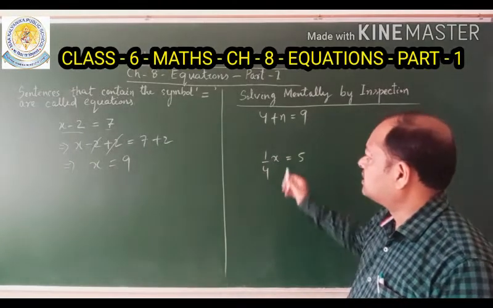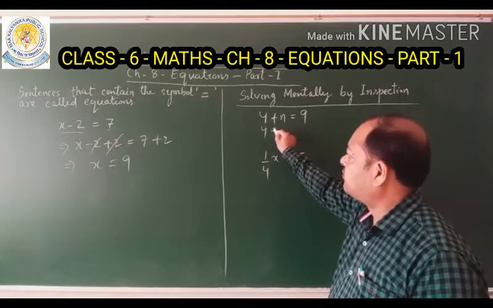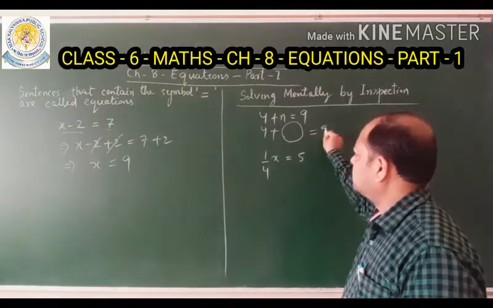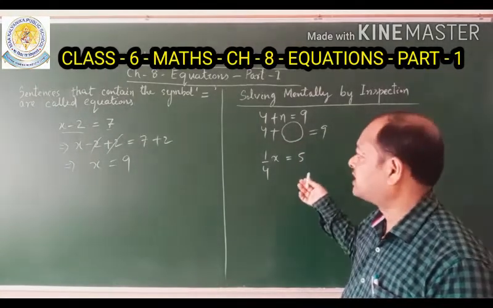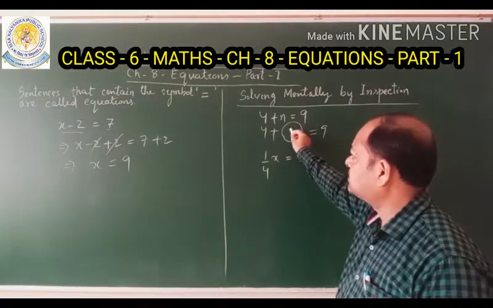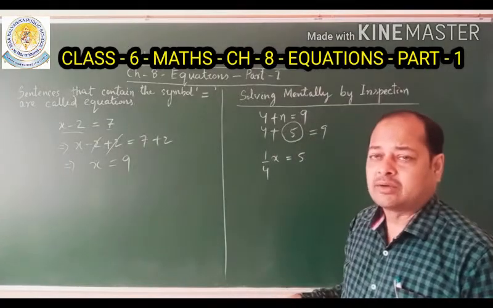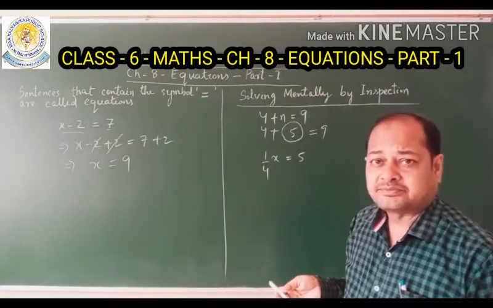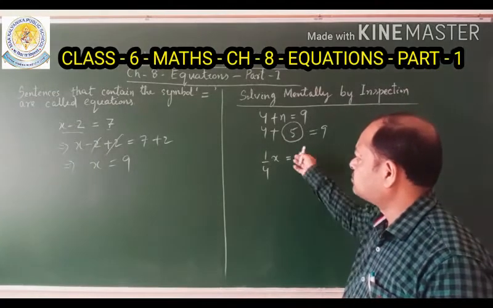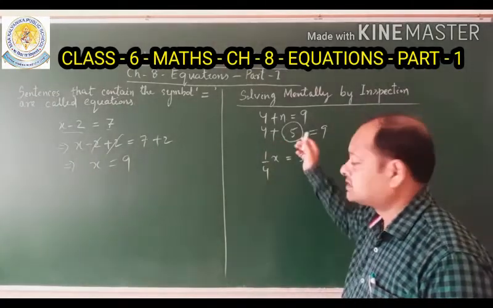Which number should we add to 4 to get 9? It is a very small number, so we can calculate 4 plus 5 equal to 9. So mentally we find n equal to 5. Okay, this is called solving mentally.